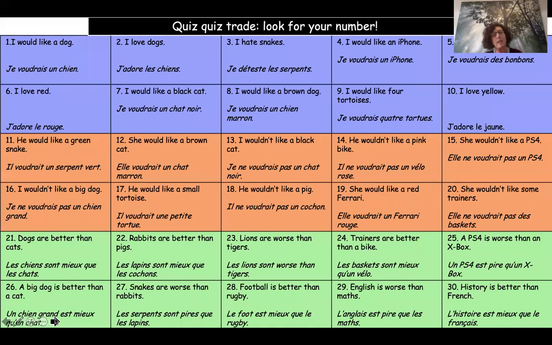Now, this particular version on the screen is one of the mixed age group ones. The idea being that the blue is for the younger learners, and then you've got the standard potentially in the middle, and then the higher level in green. So you can easily differentiate with it on the screen by giving the children different numbers.